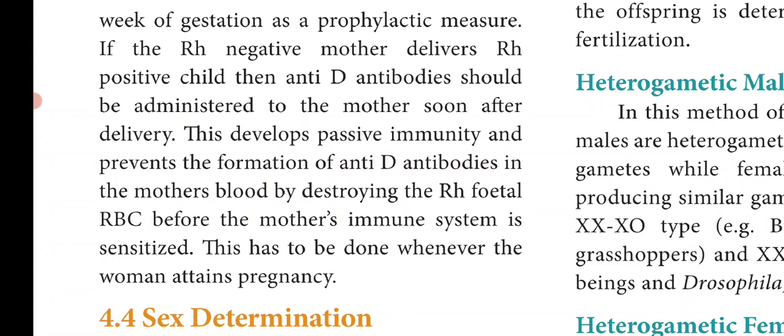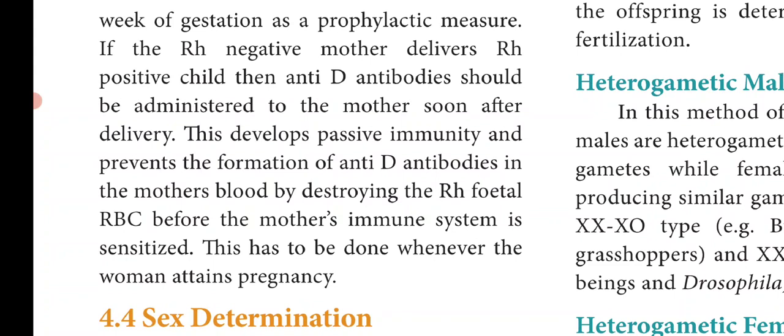Either this anti-D antibodies should be administered at the 28th and 34th week of pregnancy, otherwise it should be administered soon after the delivery. Why are they administering the anti-D antibodies? This will develop passive immunity.